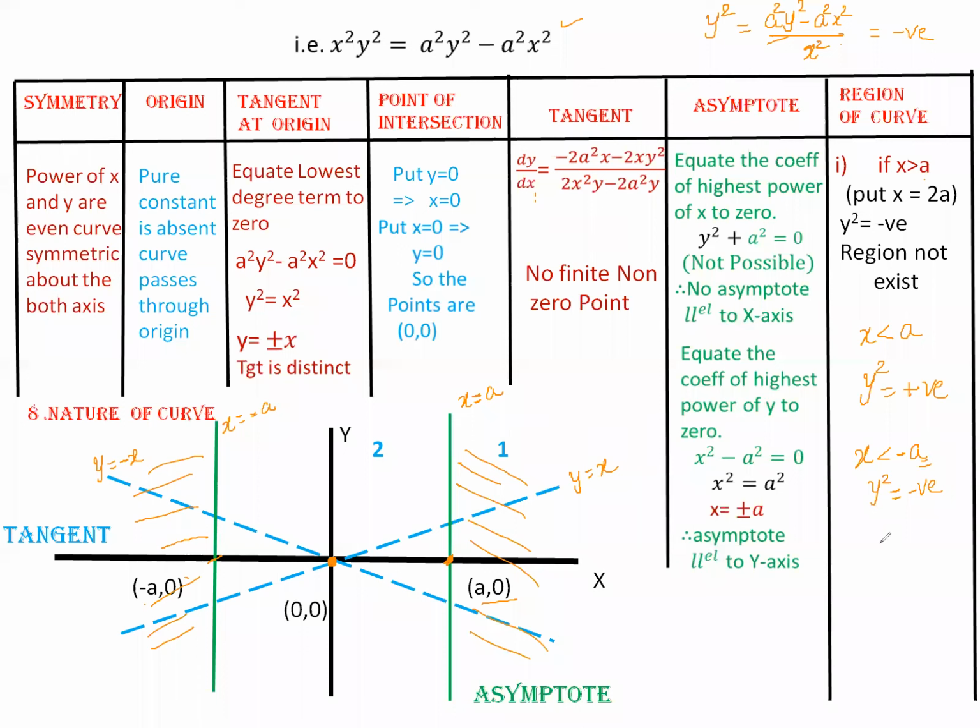Now if x is greater than minus a, then y square becomes positive. Therefore the exact curve is traced in between a, 0 and minus a, 0, in between this area.